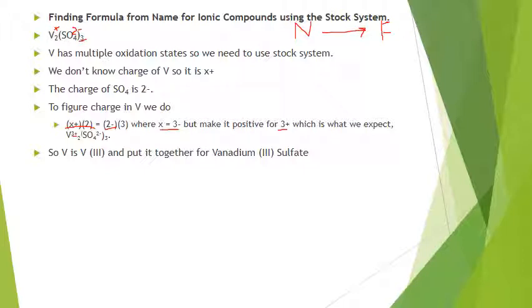And it works out, okay? So this is going to be vanadium 3 sulfate. Okay, so first thing you have to know is that the product of these charges here has to equal the product of these here.